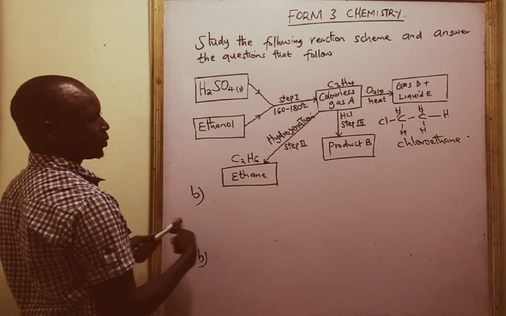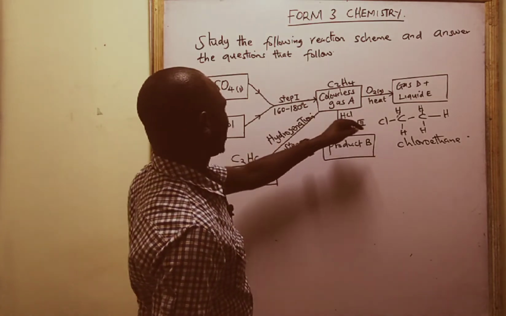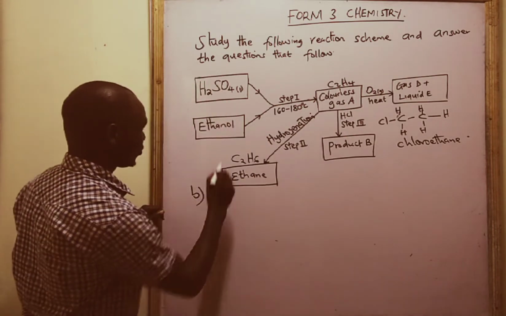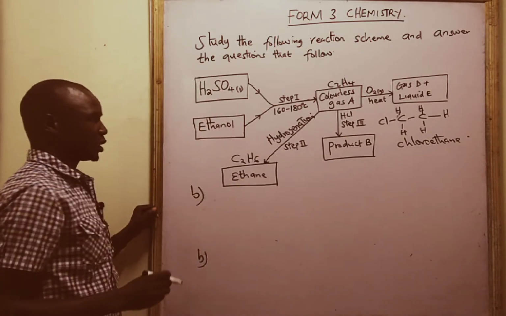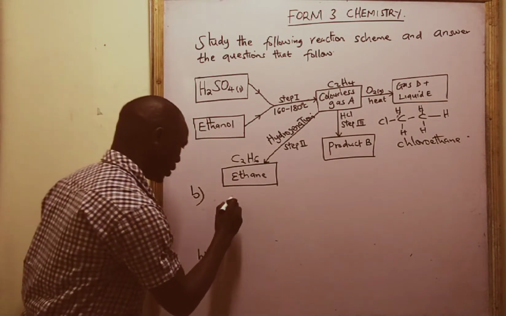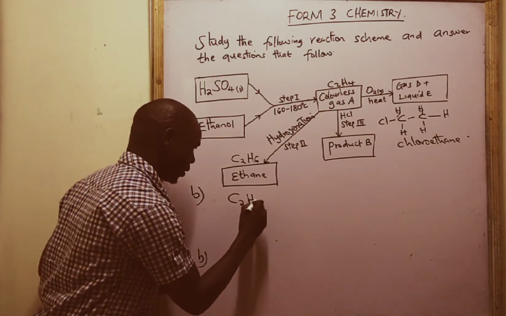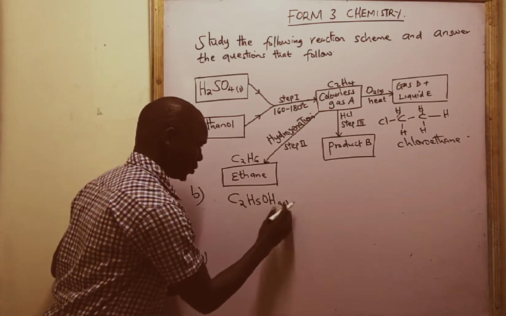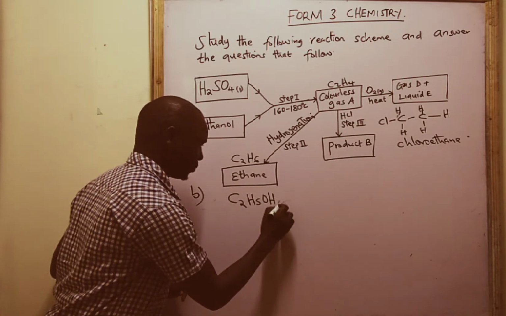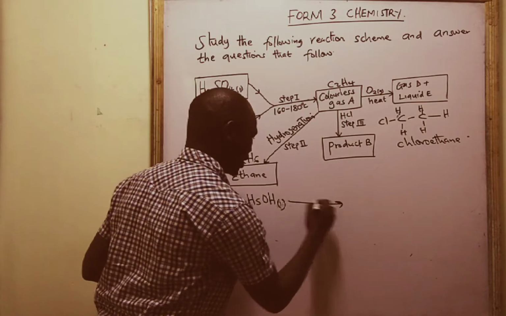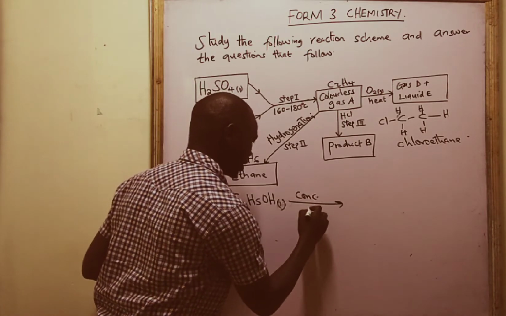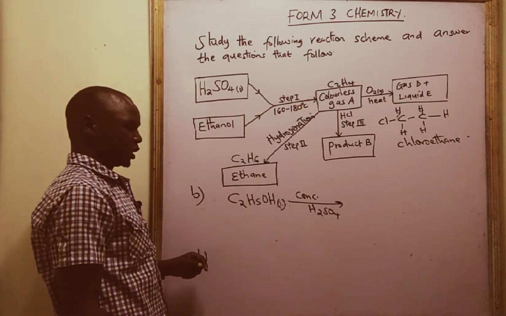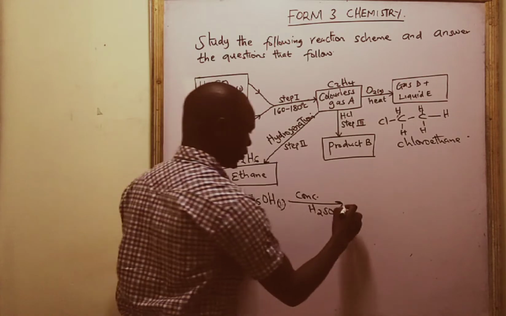In this case now, we have the formation of the colorless gas A from ethanol and concentrated sulfuric acid. So we are going to have C2H5OH. This is a liquid. In the presence of concentrated sulfuric acid, concentrated sulfuric acid being a dehydrating agent, it removes water from here.